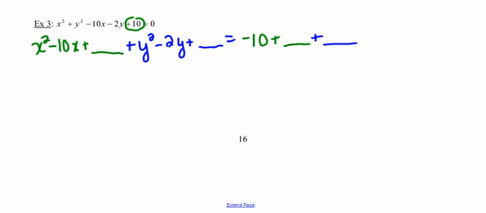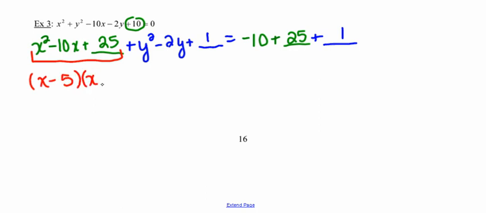By now we're starting to get a little good at this, so it goes a little bit quicker. Half of the 10 squared is 25. I'm going to add that to both sides. Half of the 2 squared is 1. I'm going to add that to both sides. And now I'm going to factor and simplify. So this will factor into x minus 5 times x minus 5.